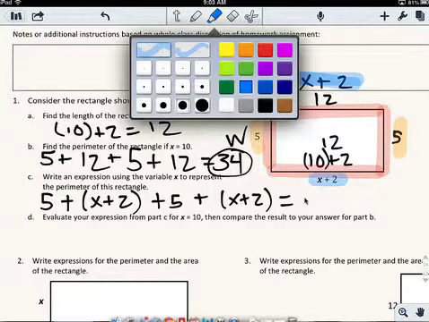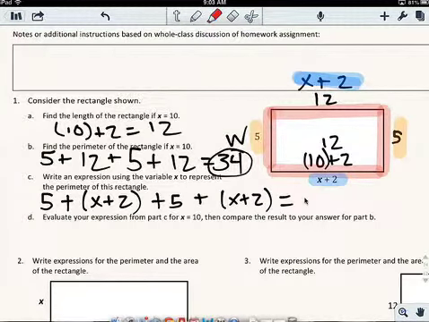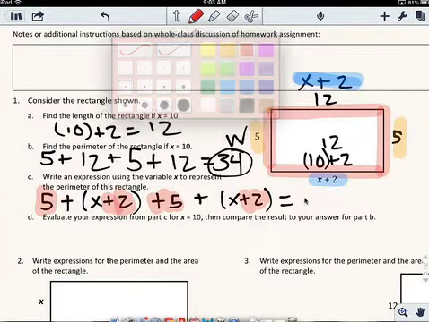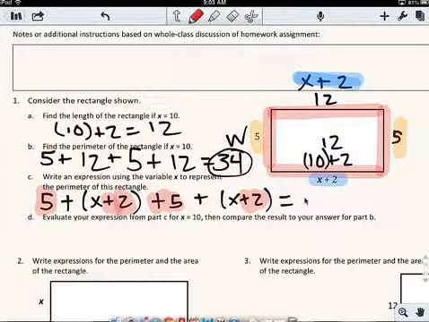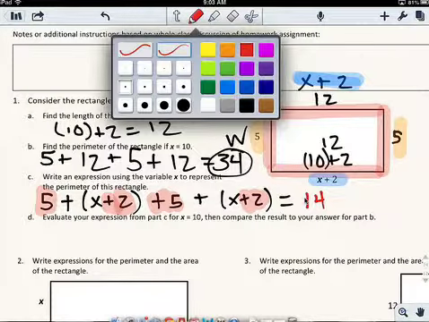When I'm looking at this expression, I see some terms that are just numbers: 5, plus 2, plus 5, and plus 2. So 5 plus 2 is 7. 7 plus 5 is 12. 12 plus 2 is 14. That gives me 14 from the terms that I've highlighted in red.